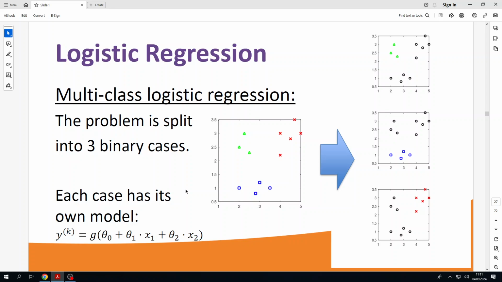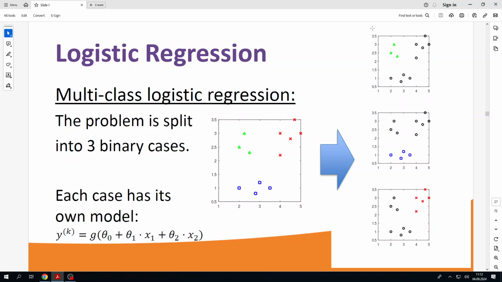We are going to split this problem with 3 possible options into 3 different problems. Each of them can be represented as a yes or no scenario. In this particular case, as you can see, we have green triangles, red crosses, and blue squares as the possible outputs. So what we are going to do now is make 3 classifiers.